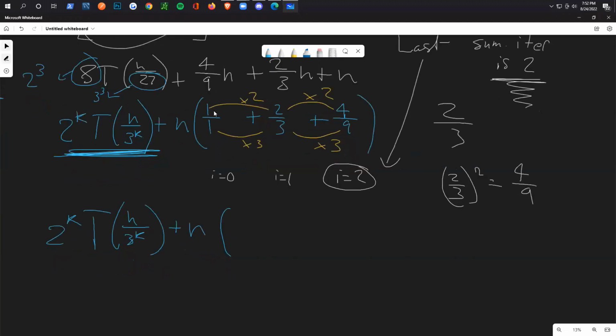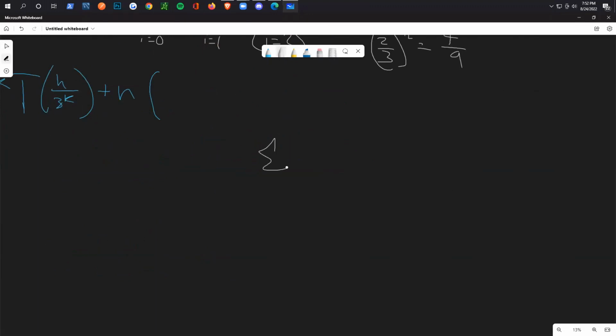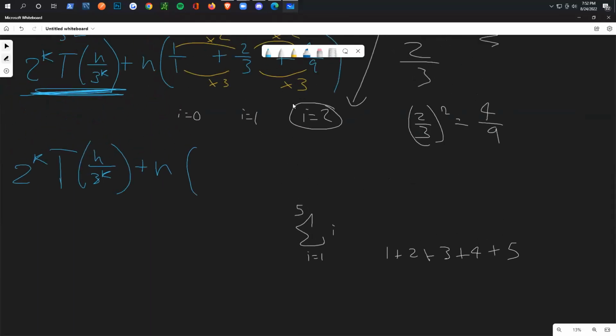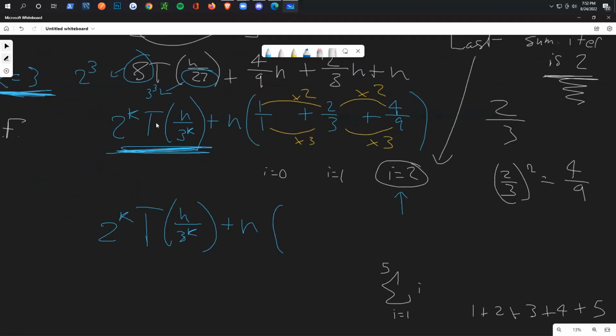Because remember, when you do a summation, let's say you have a summation, for example, 5, i equals 1, the last term, you end up going 1 plus 2 plus 3 plus 4, and remember this bound is inclusive, you also include plus 5. So what that's telling us, if the last iteration is 2 and our k is equal to 3, what are we going to be running up until? k minus 1.